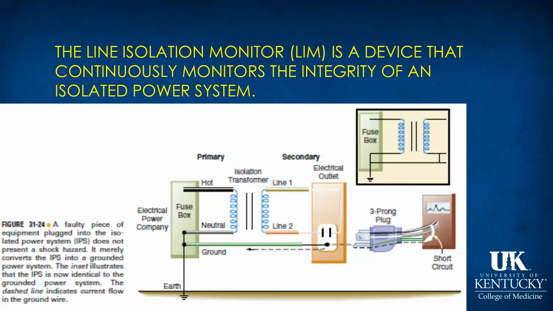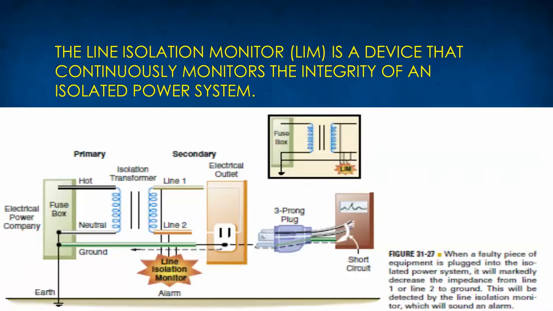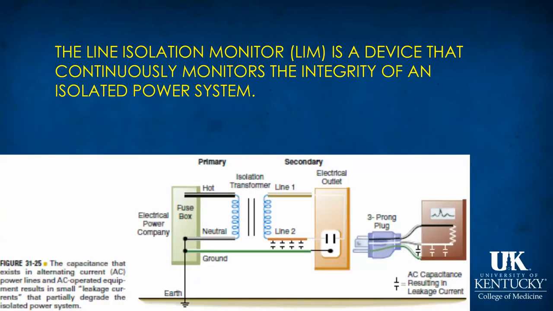It converts the isolated power system into a grounded power system, and the fault current can be taken away to ground. The line isolation monitor should pick up that there's a fault, and it should provide an alarm.